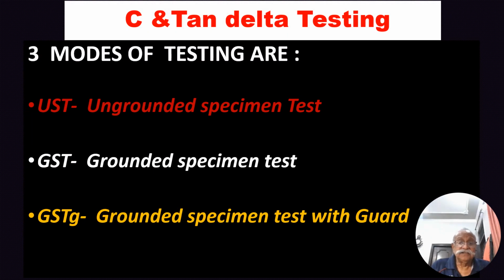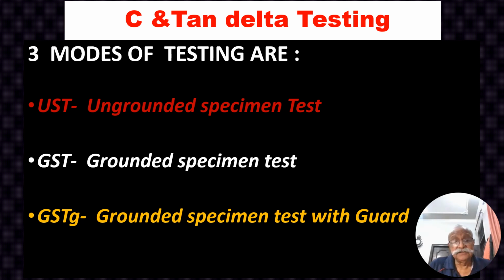Cn tan delta, there are three modes of testing, that is UST ungrounded specimen test, GST grounded specimen test, and GSTG grounded specimen test with guard. There are different types of manufacturers' equipment available wherever you can have a measurement method. You can follow any method. All methods are equivalent to each other, and there may be very slight differences.